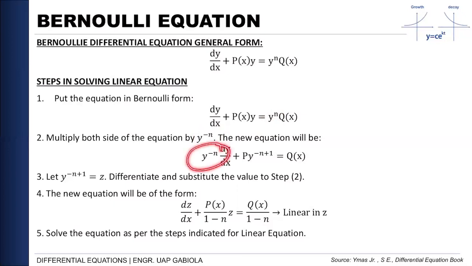So we will see that, in order to eliminate that, those values will be moved here. Okay? And then we let z equal y raised to the exponent in our second term, which is negative n plus 1. Let that be equal to z. And then get the derivative of z. So we have y raised to negative n plus 1 is equal to z.